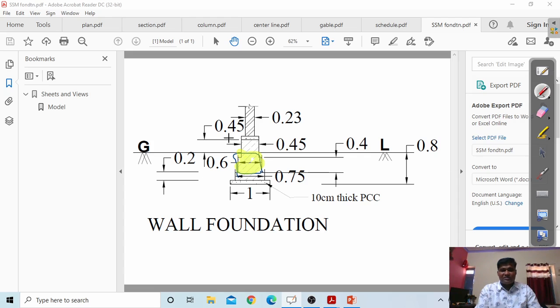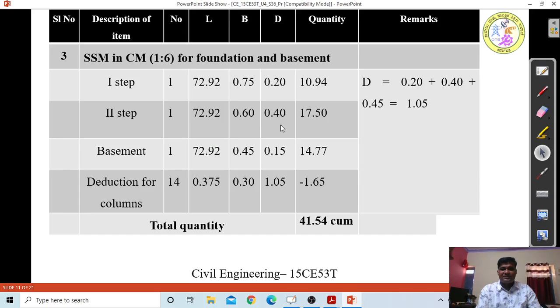The width of this masonry is how much? 0.6 meters and the depth is 0.4 meters. So width is 0.6 meter and depth is 0.4 meter into the center line length, that is 72.92 meters, will give me 17.5 cubic meters of masonry.